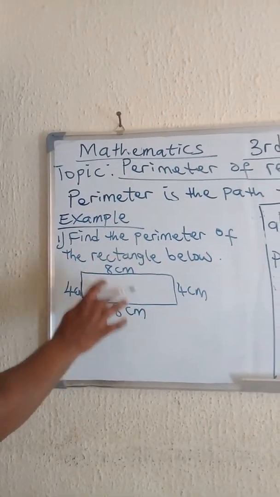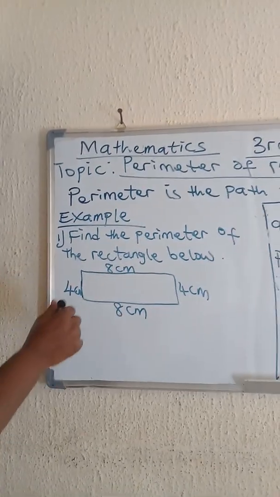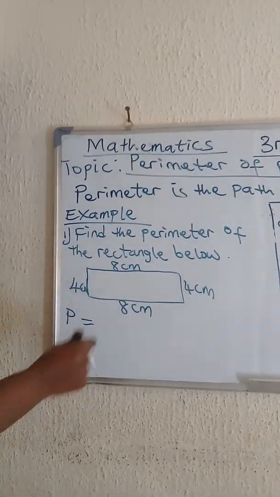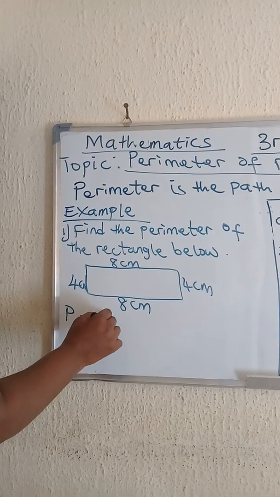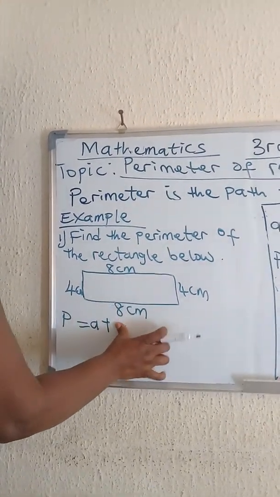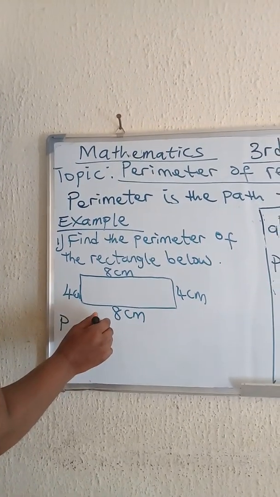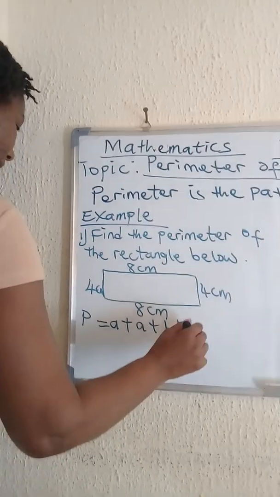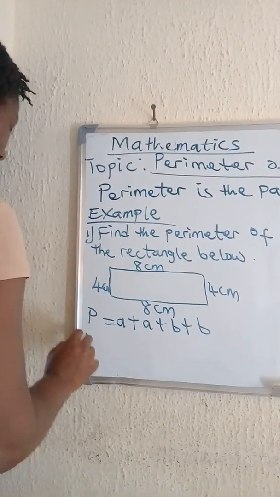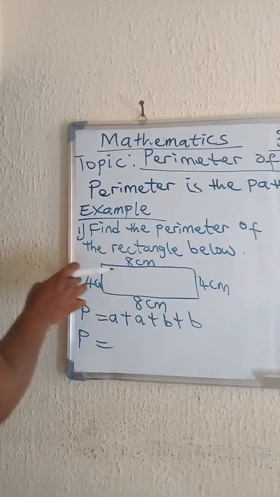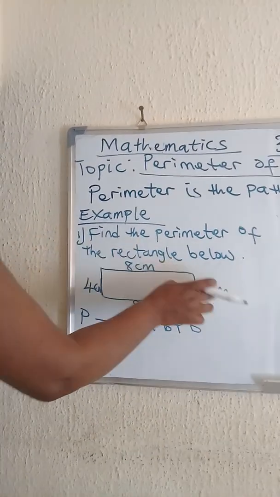Since we have our figures here, you go with the formula. Perimeter equals A plus A plus B plus B. We have A here and also A here.